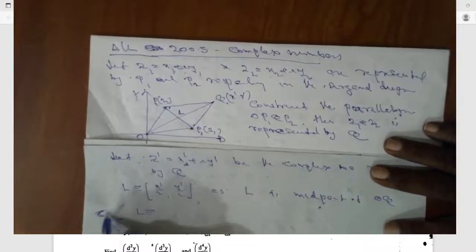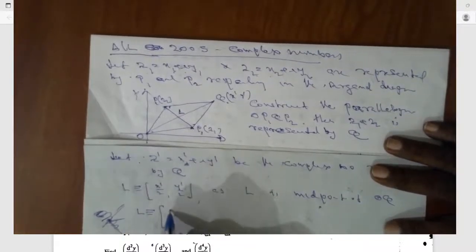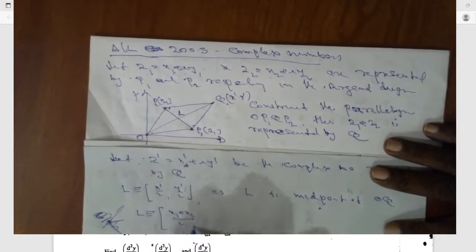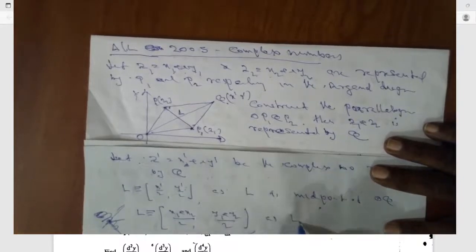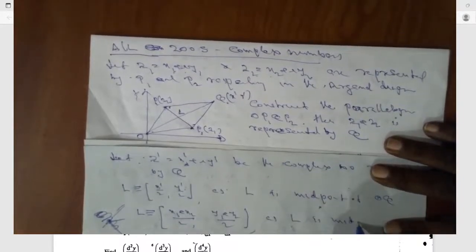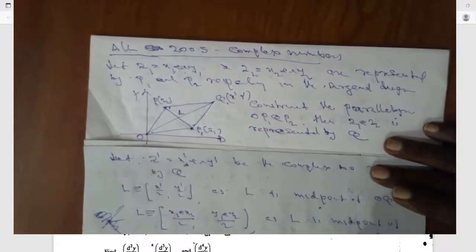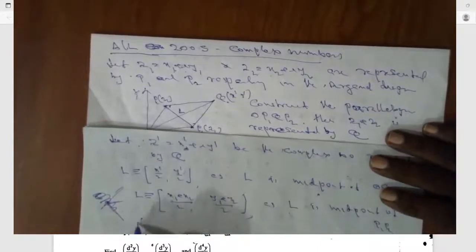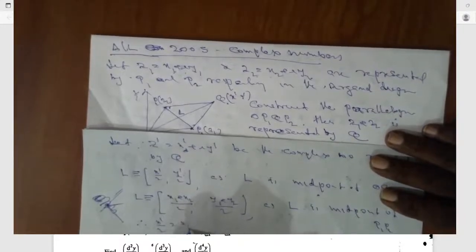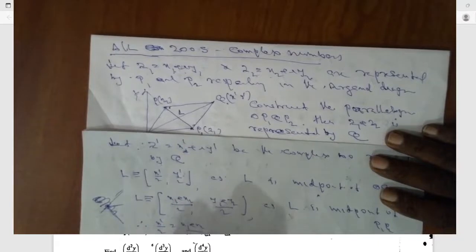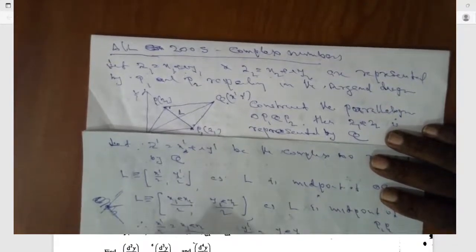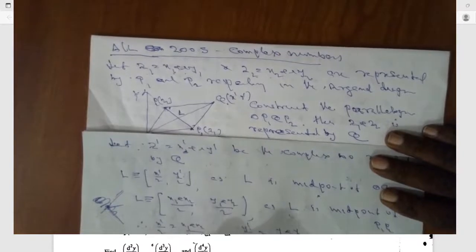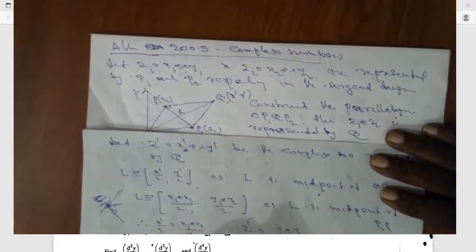Similarly, L you can write as x1 plus x2 by 2, y1 plus y2 by 2, as L is the midpoint of P1P2. Therefore, x dash by 2 equals x1 plus x2 by 2, and y dash by 2 equals y1 plus y2 by 2. So x dash equals x1 plus x2, y dash equals y1 plus y2, right?